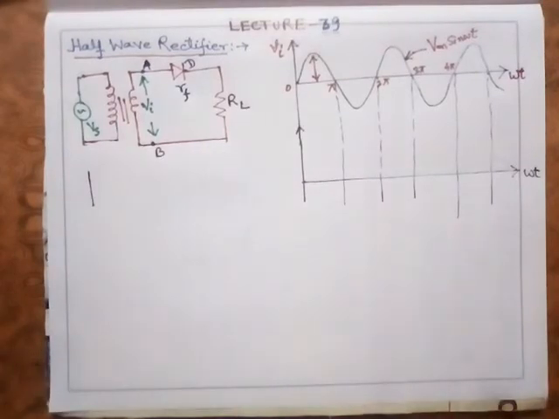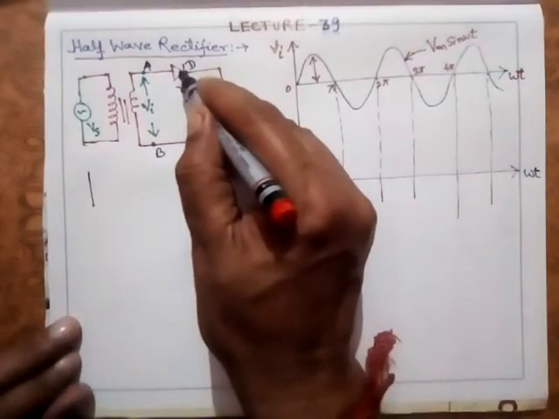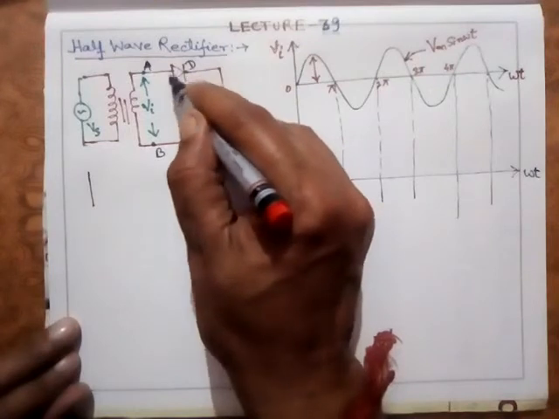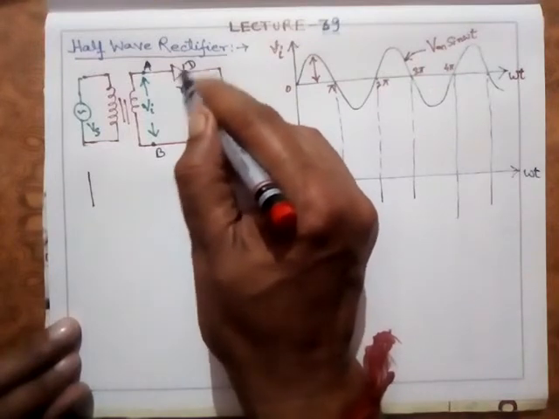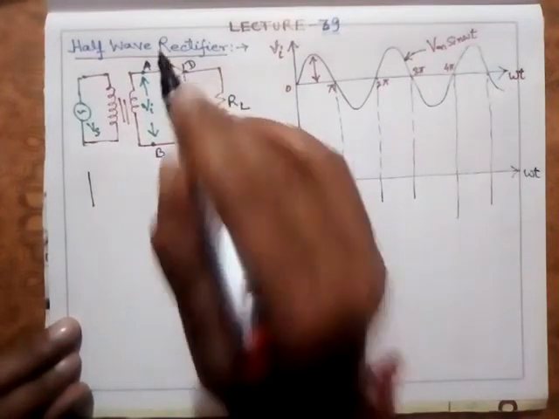Remember that when the diode is forward biased, it acts as a closed switch, and when this diode is reverse biased, it acts as an open switch.